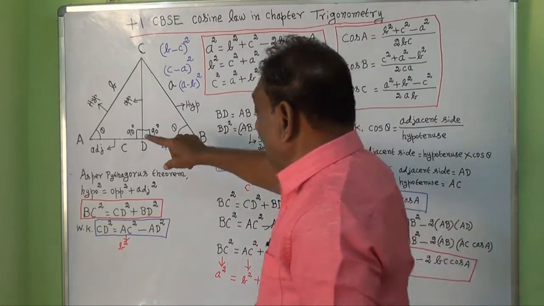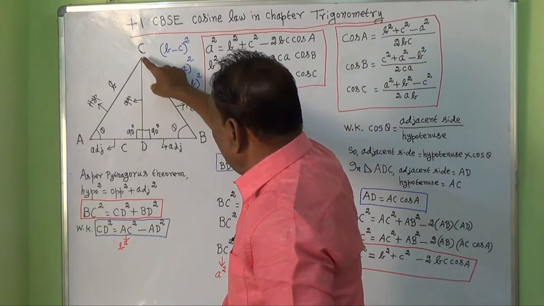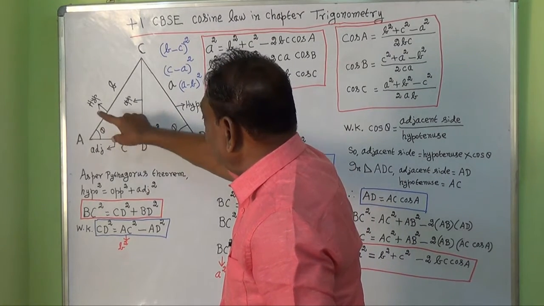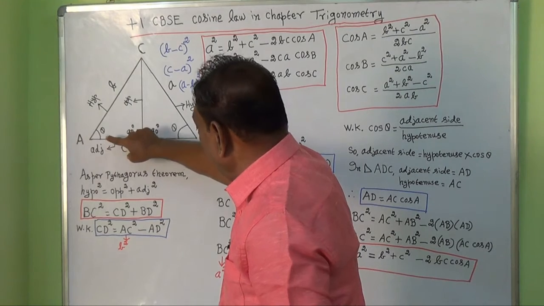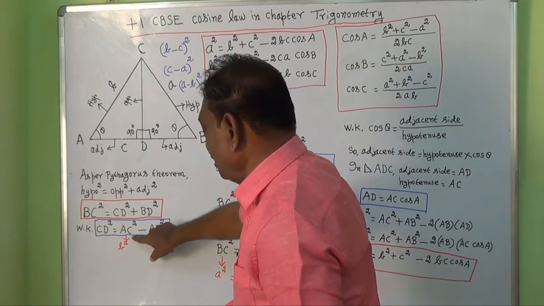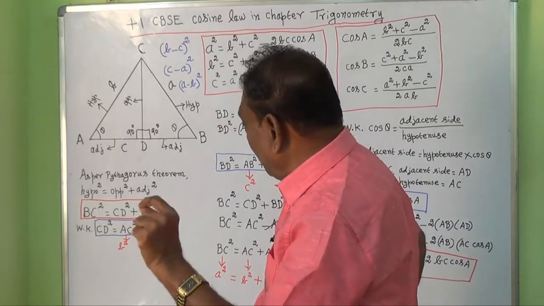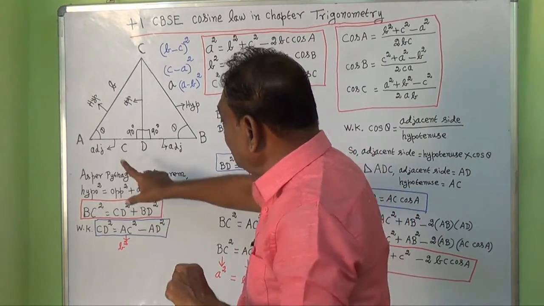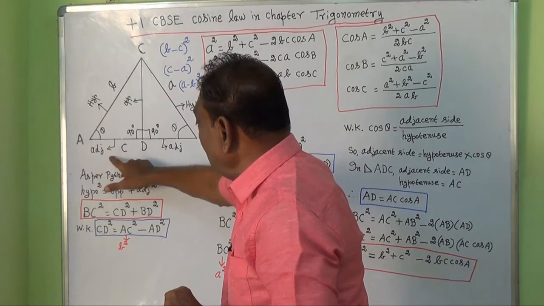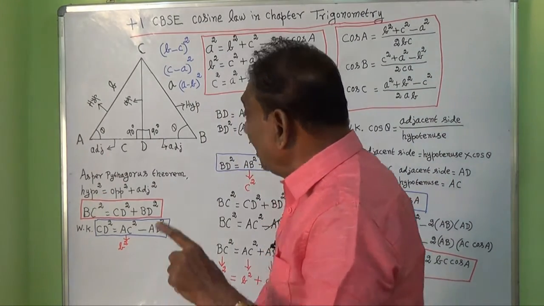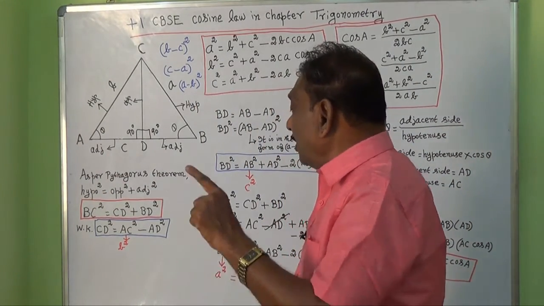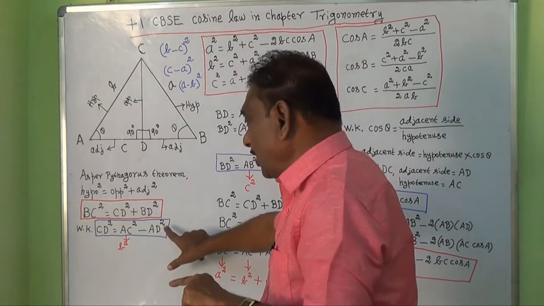What is the hypotenuse square in the case of this left side right-angled triangle? That is the side AC. So we are getting AC square minus, what is the adjacent side in this triangle? The adjacent side is AD. So that we are writing AD square.